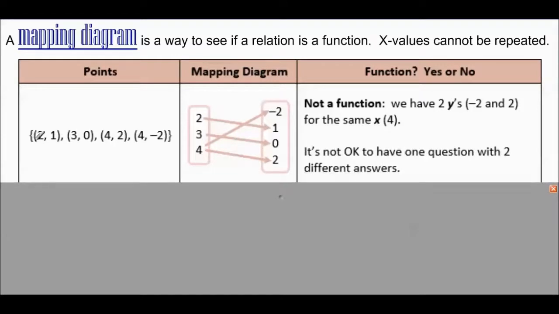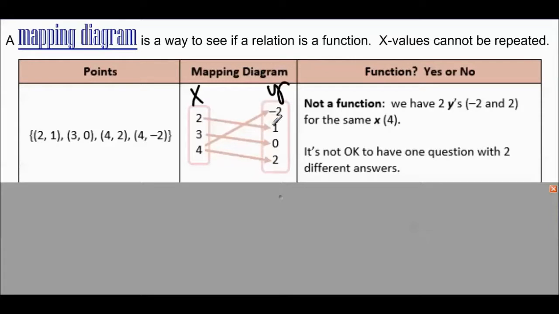So these coordinates, 2, 1, 3, 0, 4, 2, and 4, -1, if you put those into a mapping diagram, on the left you have all the x's. On the right you have all the y's. And I take those x's and I draw what they're connected to. Notice they're in order.